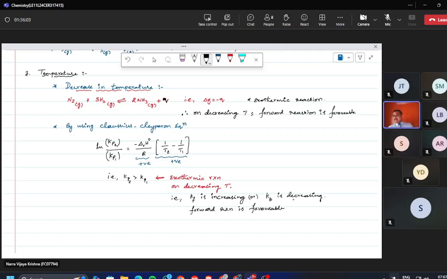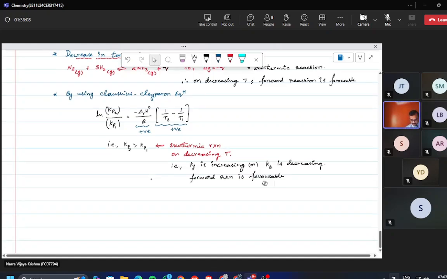Now I am giving one condition. Will you give the answer? Condition, sir. Addition of inert gas. We already solved one problem over it. Just now we solved.